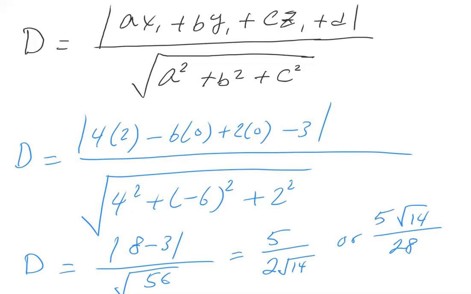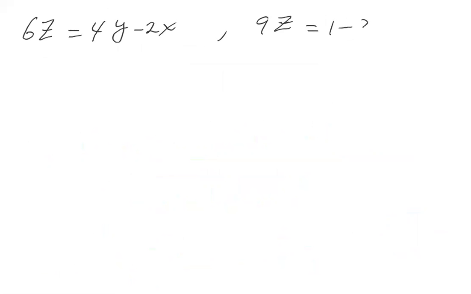Okay, so let's do another one. Suppose this time my first plane is 6z equals 4y minus 2x, and my second plane is 9z equals 1 minus 3x plus 6y.